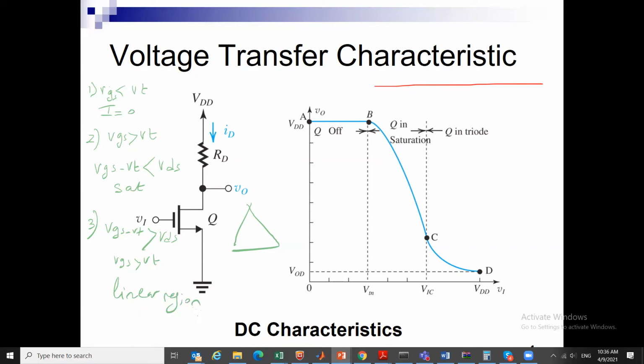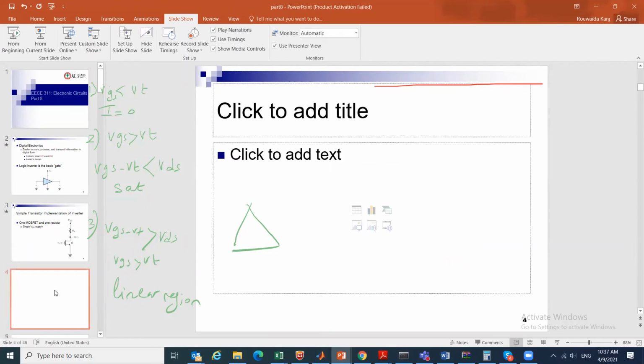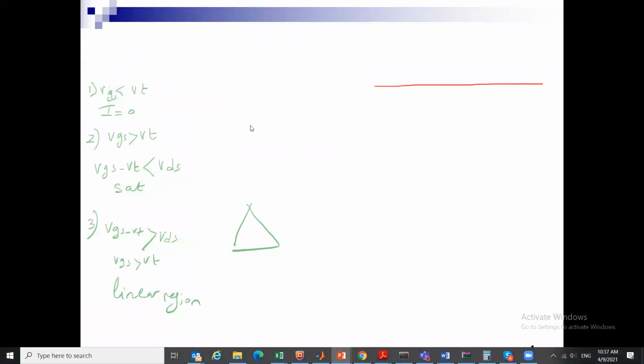Let me insert here one slide to refresh you on the different types of devices, PMOS and NMOS. Just as a quick refresher slide. So this is for the NMOS device. In saturation, the current is equal to half K prime W by L VOV squared, or VGS minus VT all squared.